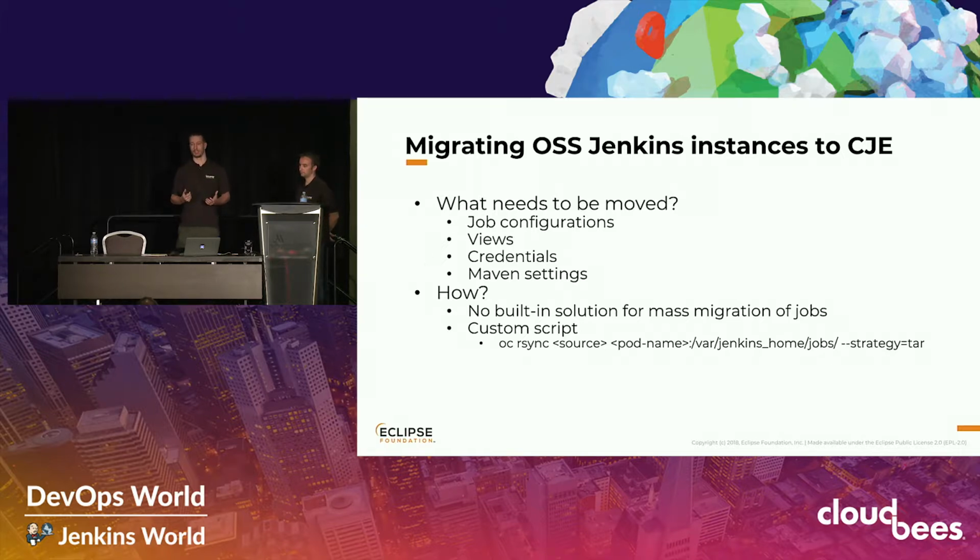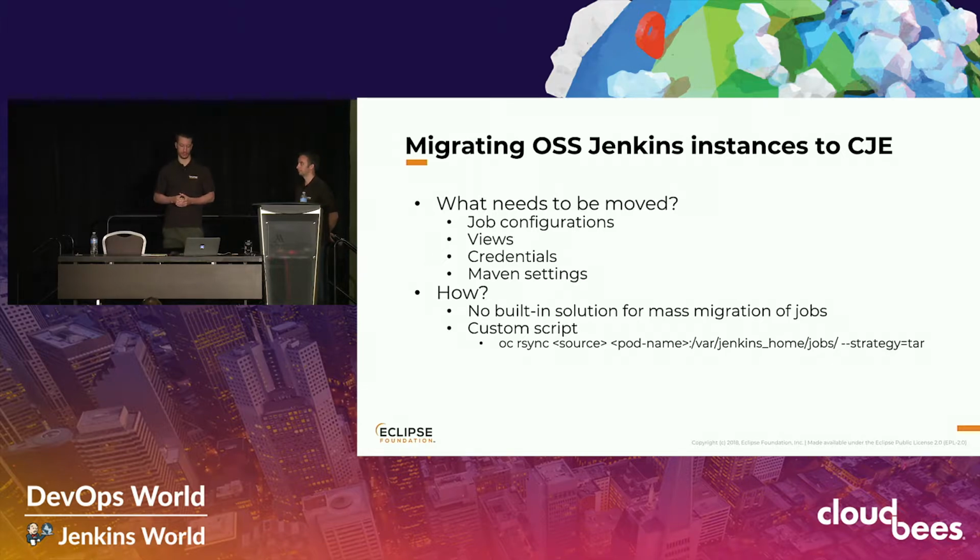What CloudBees recommends is that you attach your open source Jenkins as a so-called client master to the operations center, then create a managed master, and then you can move or copy the jobs over from the client master to the managed master, which works, I guess, for a limited number of jobs, but 200 projects with all their jobs, that's not going to scale.